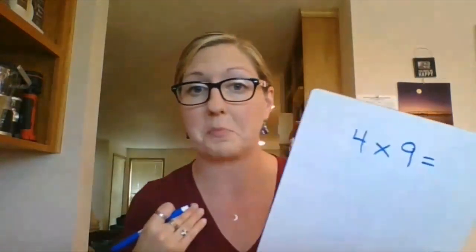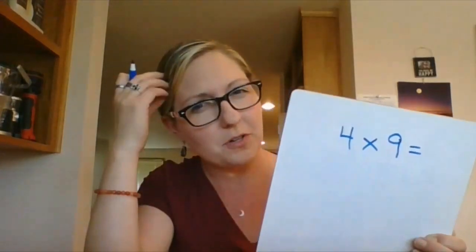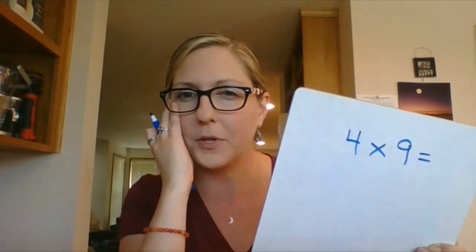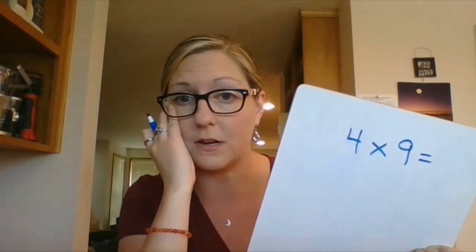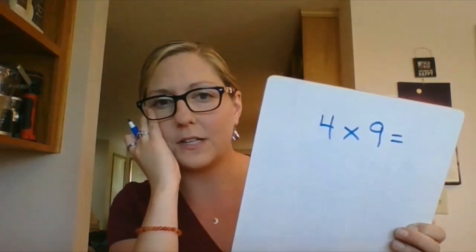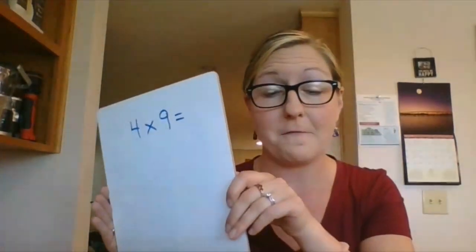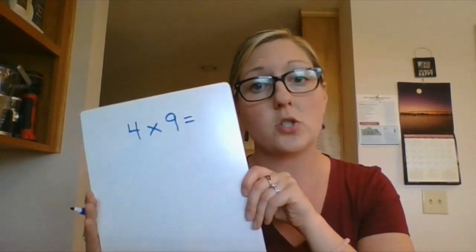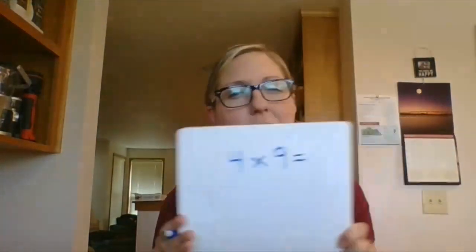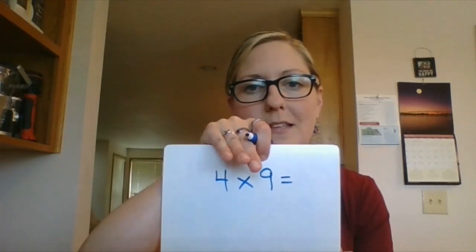In this case, because 9 is the bigger factor, I think breaking apart the 9 will help us solve this. So I'm going to think about what two numbers could I put together to make 9 that when I multiply by each of those numbers, it makes it a little easier to solve. For example, I know when I'm solving a times 5 fact, I can use skip counting by 5s as a strategy. So if I think about the number 5, what plus 5 makes 9?